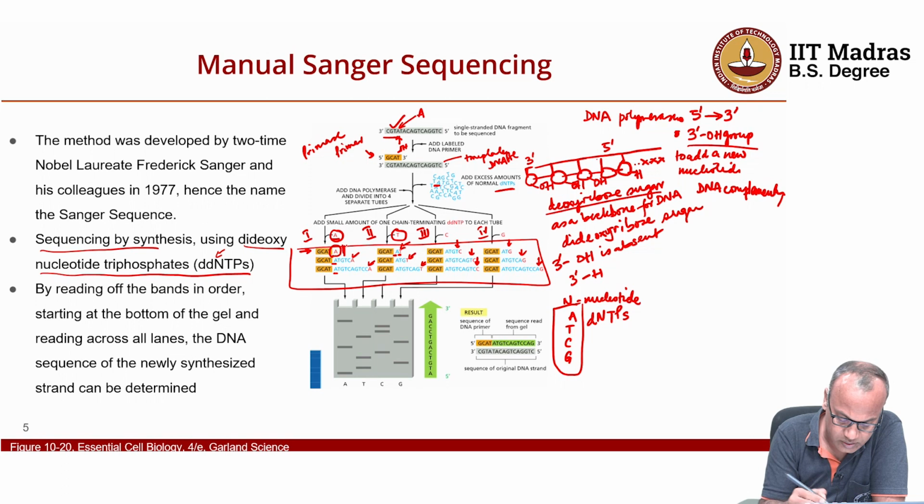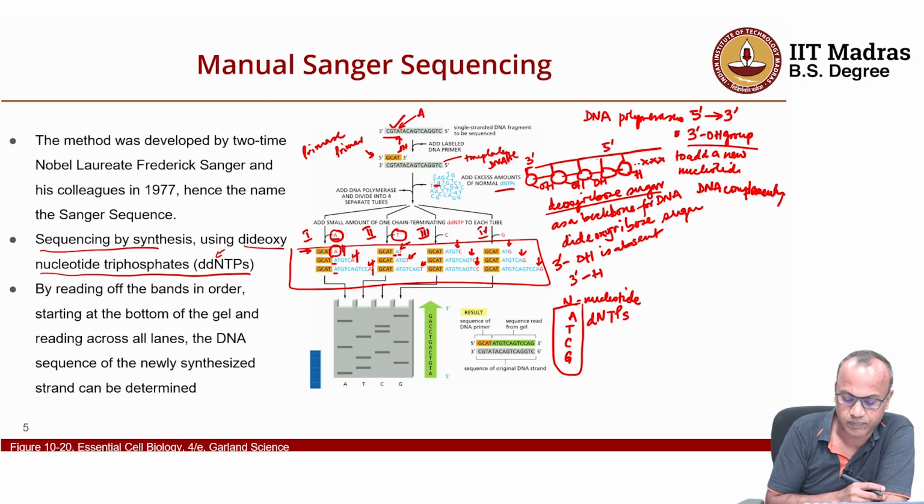So this sequence gets terminated here, this sequence gets terminated here, this sequence gets terminated here. Now if you think about this, if I am reading this sequence, after the 4th one, 4 is the length of the primer, I will have a sequence which is 5 bases, I will have a sequence which is 6 bases, I will have a sequence which is 7, 8, 9, 10 and so on.